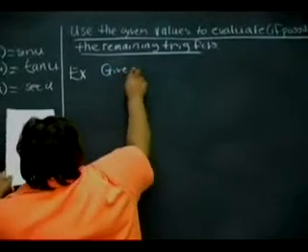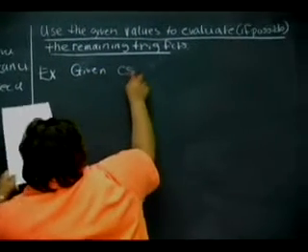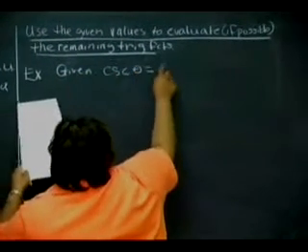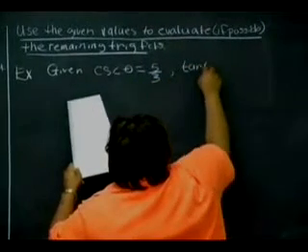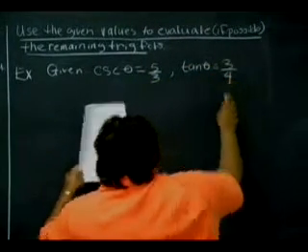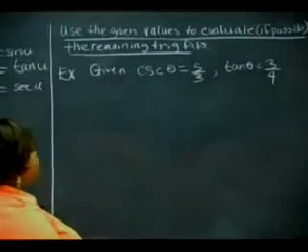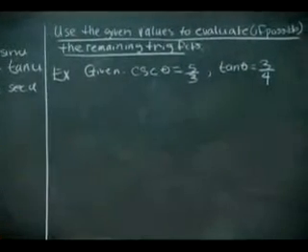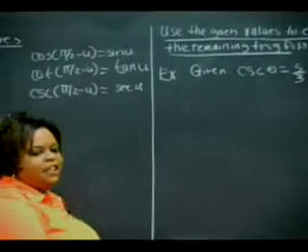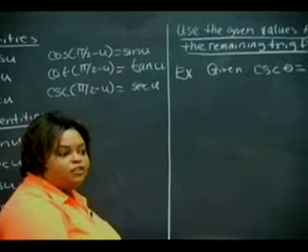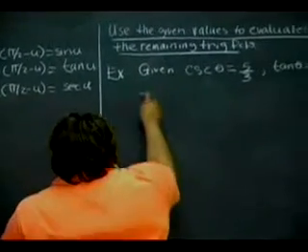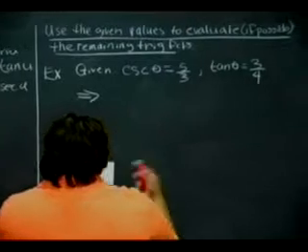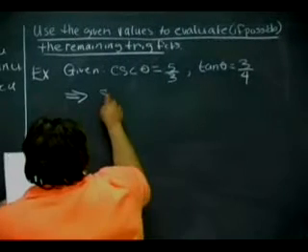Suppose we are given that cosecant theta is 5/3 and tangent theta is 3/4. Now, how are we going to use this information to find the other 4 trigonometric functions? Okay? Well, we can find the reciprocal function of cosecant.